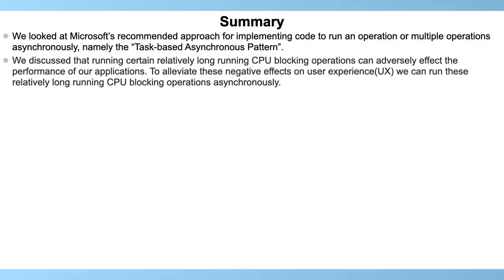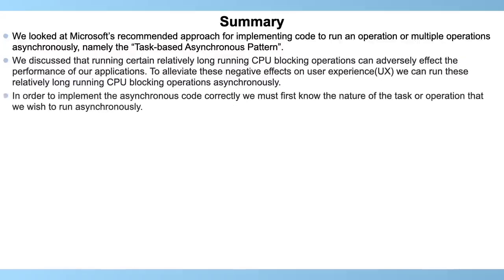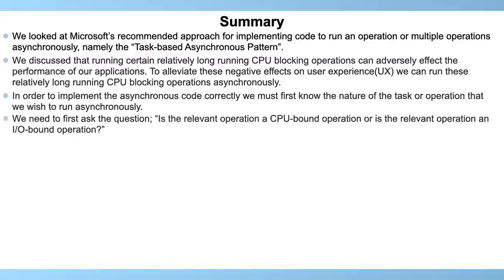To alleviate these negative effects on user experience, UX, we can run these relatively long-running CPU blocking operations asynchronously. In order to implement the asynchronous code correctly, we first need to know the nature of the operations that we wish to run asynchronously. We need to first ask the question, is the relevant operation a CPU-bound operation, or is the relevant operation an I/O-bound operation?